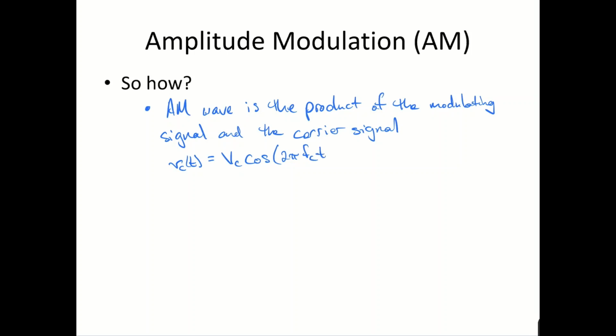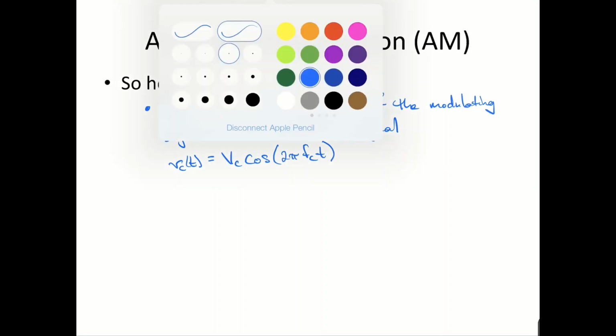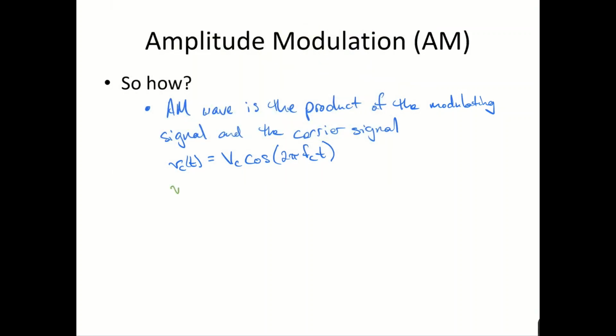And it can have a phase, but we're going to leave it without a phase. Now, you can recall as well that our message signal, V sub m of t, equals capital V sub m cosine 2 pi f sub m t. Again, it could have a phase, but we're going to leave it without a phase in this situation.